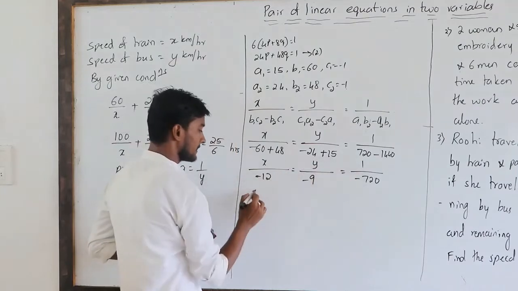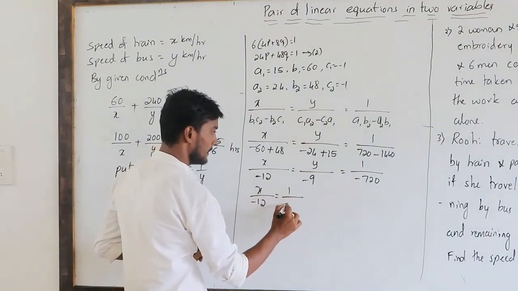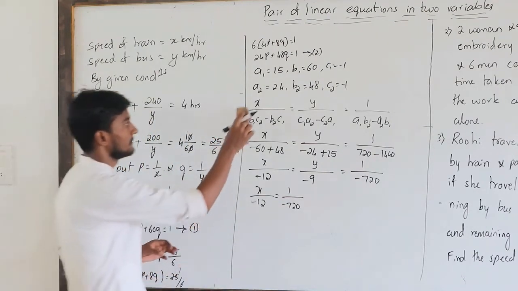Now compare first and third. X divided by minus 12 is equal to 1 divided by minus 720.